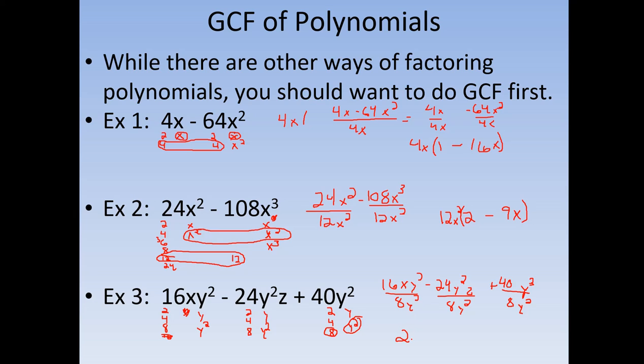Y squared by y squared cancels out, so all that's left is that x. 24 divided by 8 is going to be 3. Y squared by y squared cancels out, leaving me with just the z. And then 40 divided by 8 is 5. Y squared divided by y squared cancels out. So I'm left with this as the remainder. So then I just write this times 8y squared. And that's what you end up doing.